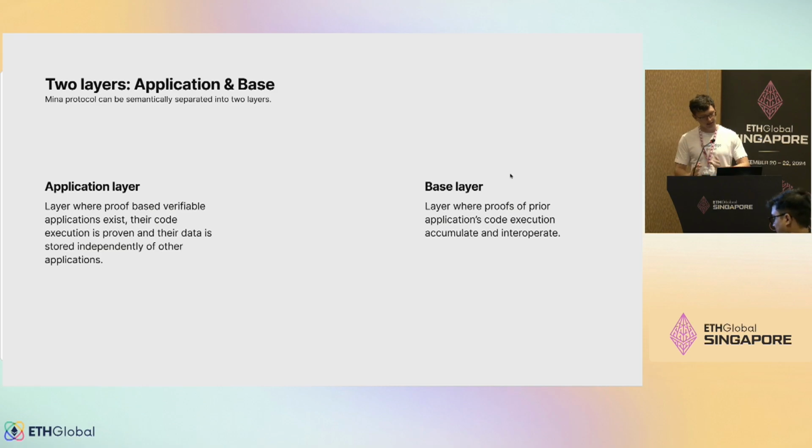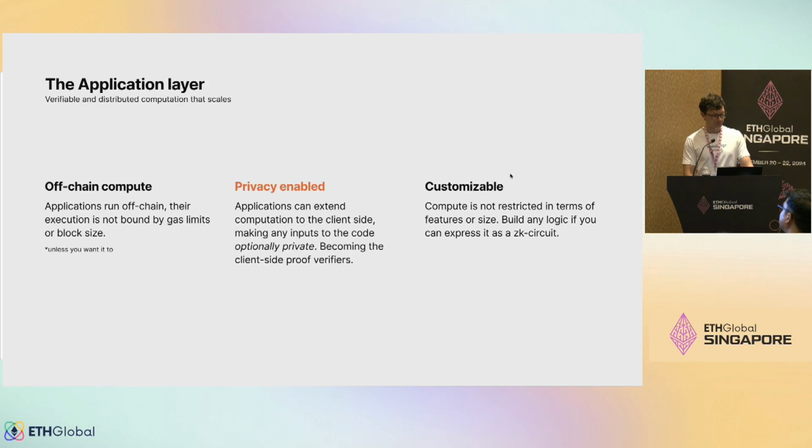And then on the other side we have the base layer, which actually verifies that execution and does some other duties of accumulating those proofs and letting them interoperate with each other. So basically we can have application layers that communicate with each other and are super interactive.